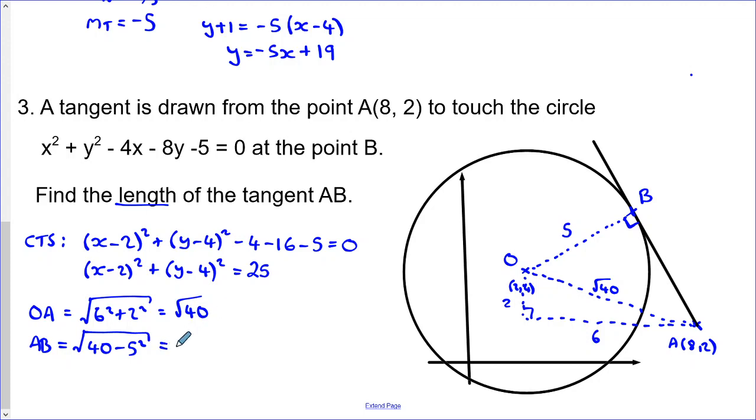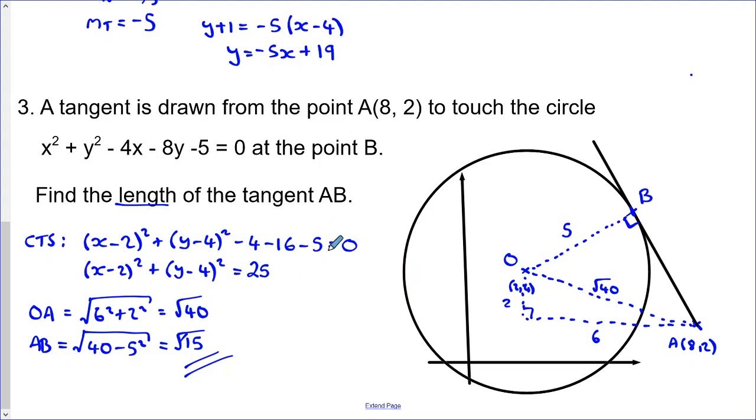That's 40 take 25. That's root 15. This particular question doesn't ask for any particular form for the answer, so I'm happy with that. We could leave it. We could be asked for it exact, in which case we'd be there, or we could want it to 3 significant figures, so we'd have to use a calculator to get that.